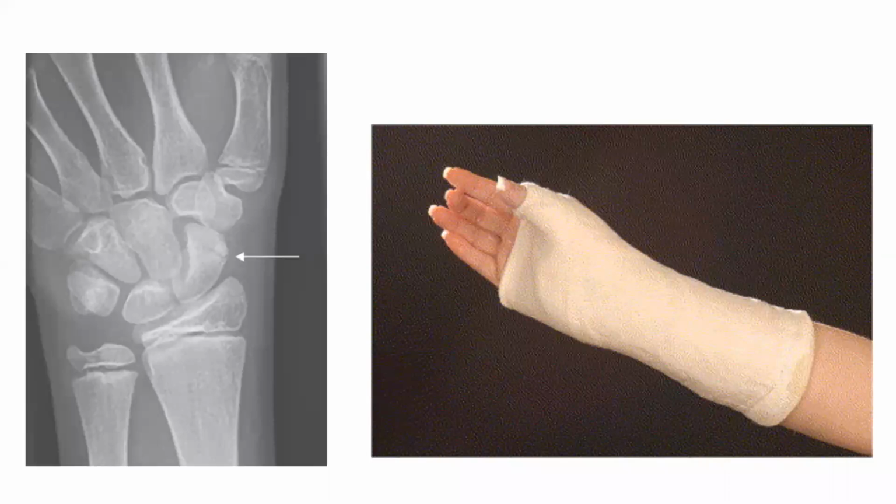Therefore we have to confirm via radiological imaging, and if the fracture is non-displaced, we put a short-term thumb spica cast, sir. What do you call it? Scaphoid plaster, correct.